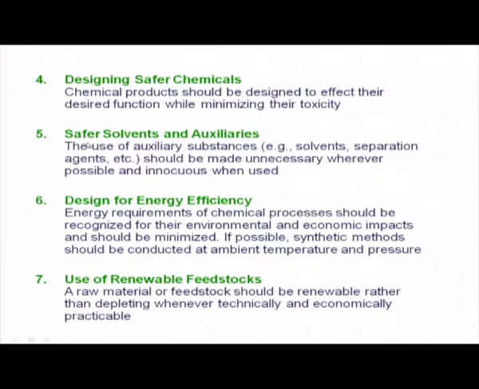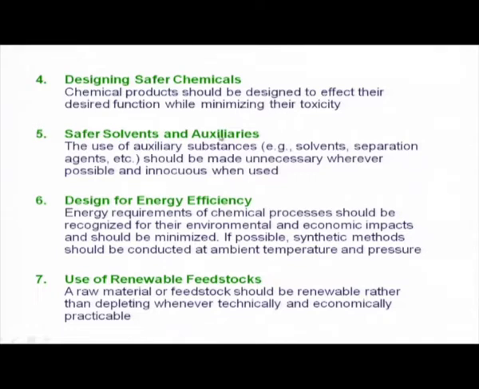The fifth one is about solvent, because many chemical syntheses happen with organic toxic solvents as well as their auxiliary chemicals. This is the focus of the fifth one, that is safer solvents and auxiliaries. The use of auxiliary substances, for example solvents, separating agents, etc., should be made unnecessary wherever possible and innocuous when used.